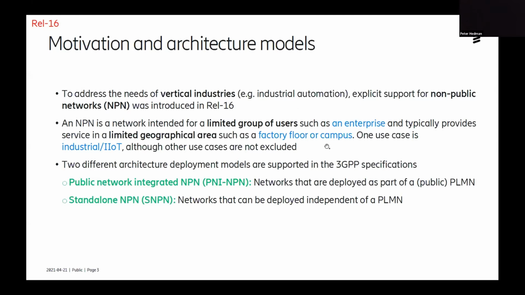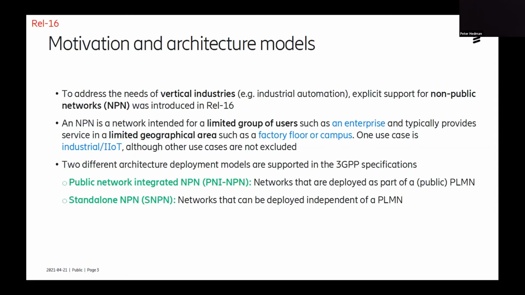And for addressing this, we looked into two different architecture models. One, that Ian also explained, is more integrated with the PLMN of the public network, offering connectivity for the non-public networks, these vertical networks, and one is more standalone, which can be deployed quite independently in various parts of a country, or in a mine, or in an arena, for instance, addressing your needs.